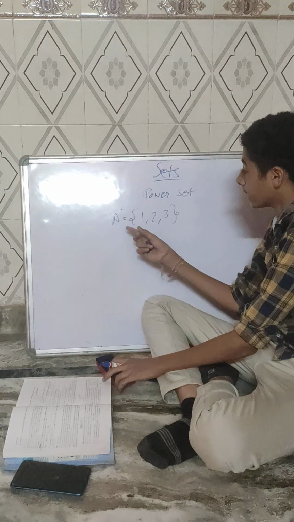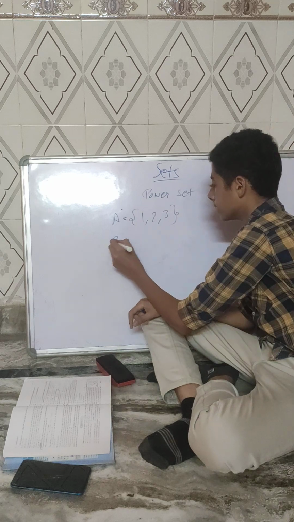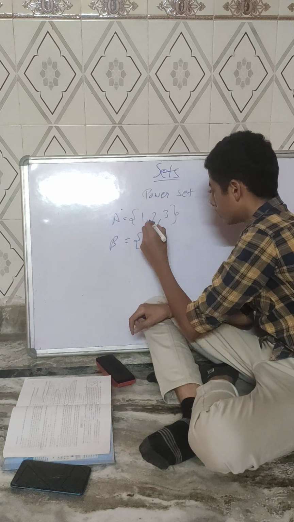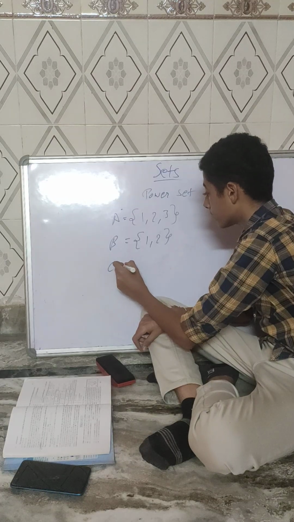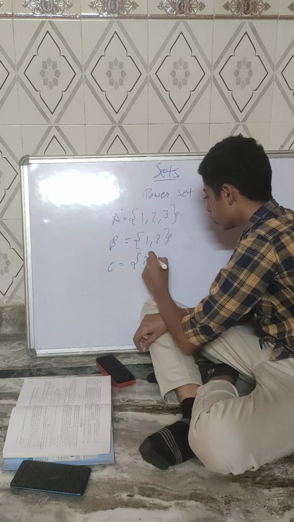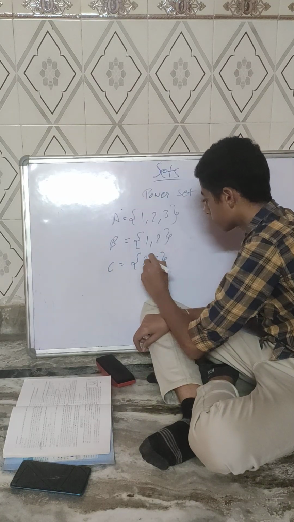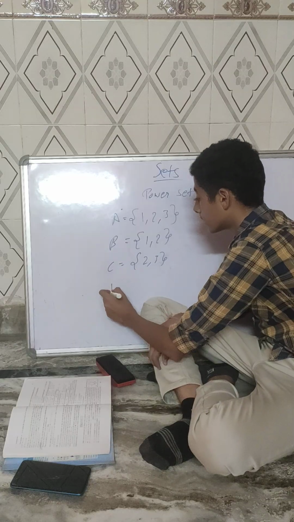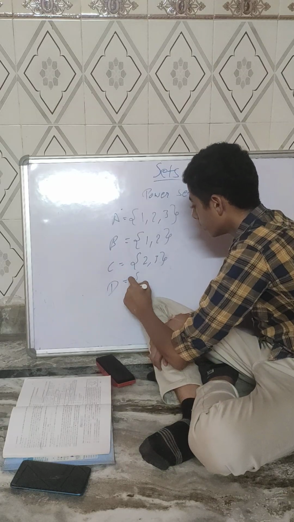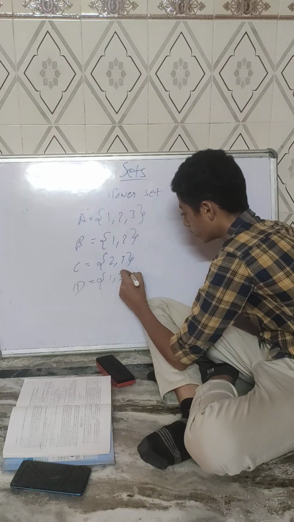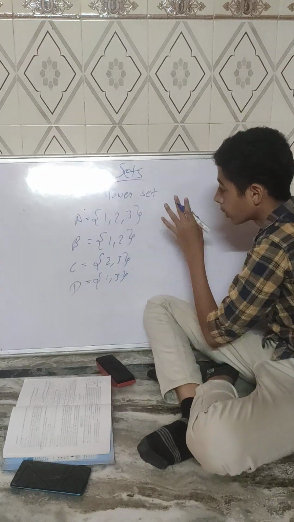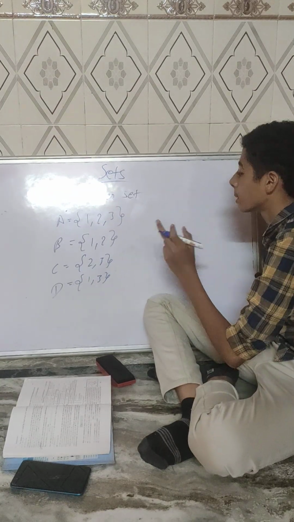Collection of all subsets of A is a set. A subset, let's say B, will be 1, 2. Another subset, let's say C, will be 2, 3. Another subset, let's say D, could be 1, 3. Not only these three, there can be more.